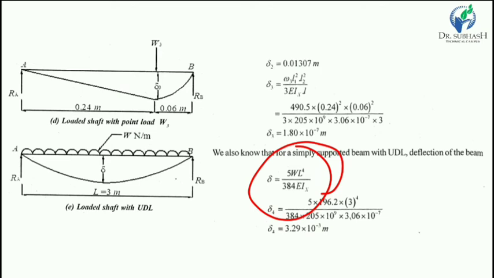For a UDL applied onto a simply supported beam, the deflection equation is 5 W L raised to 4 upon 384 EI. Putting in the values of all elements, we finally get the value of delta 4. It is the static deflection due to the own weight of the shaft.